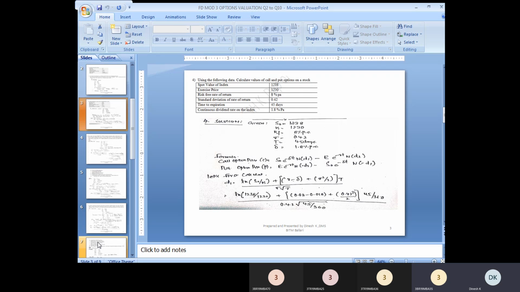0.0753, sir. Table value. Add up the N(d1) value.